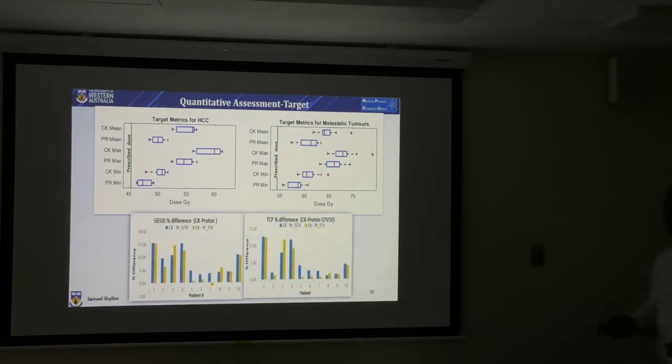And this was consistent for the generalized equivalent uniform dose and the tumor control probability. The reason for this could be due to a number of factors, such as the difference in the treatment planning software used and the algorithm, and also the choice of secondary collimator used for the CyberKnife plans, and the difference in the physics of protons and photons.